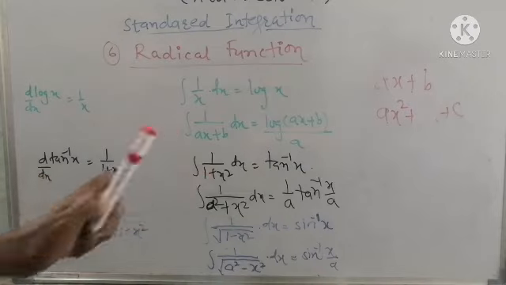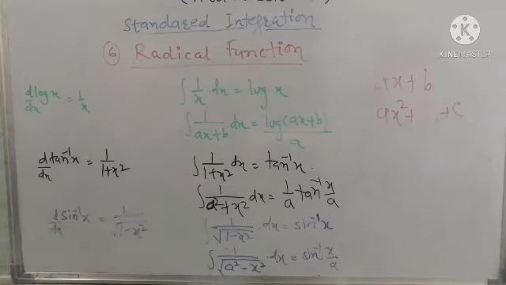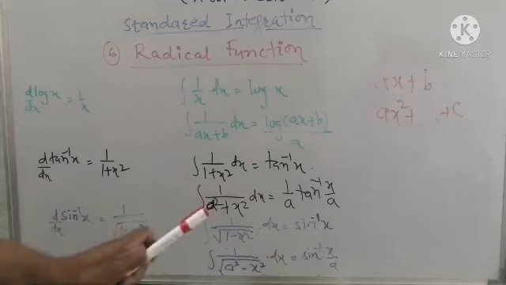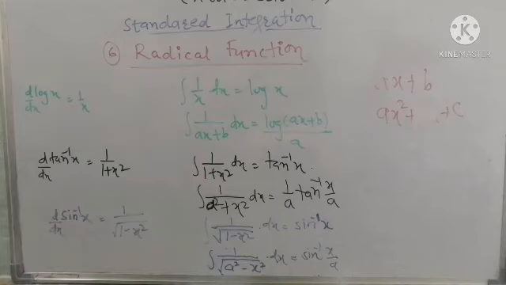If this constant is other than 1, take a, as it is put into the power of a, that is a square, then the integration of 1 upon a square plus x square is equal to 1 upon a tan inverse x upon a.